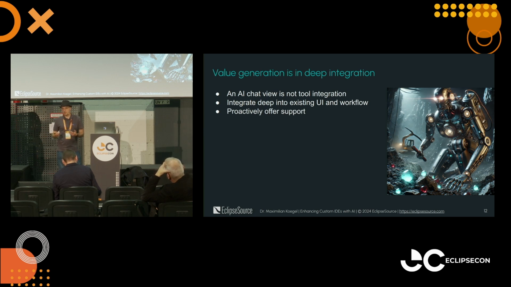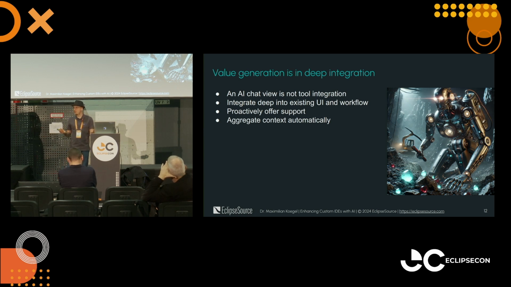So, for example, if an error was on the terminal, that would be a good example, and you detect that, you proactively show a button to get help for that. You aggregate the context automatically. I mean, you saw that I typed in this find me all shell scripts and so on, but of course there is surrounding information that is injected into the LLM. And at the extreme end, when you do an auto-completion, you don't provide any text. Everything is automatically aggregated in terms of what you send to the LLM.